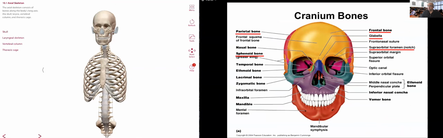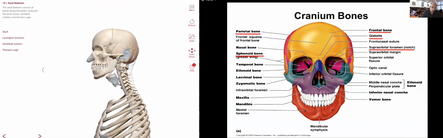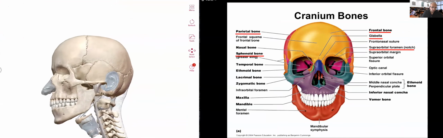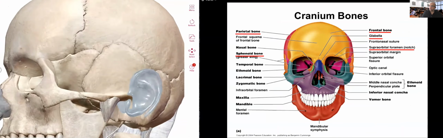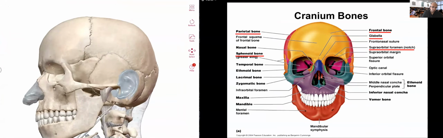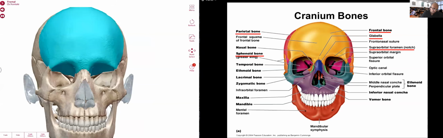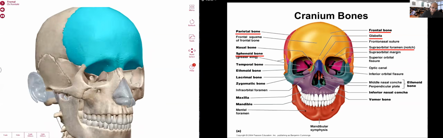Starting first with the cranial bones. The first bone is located in the anterior aspect of the head. Remember, something related to the anterior aspect of the head is called frontal. So the first bone that we're looking at here is the frontal bone. This is my frontal bone.